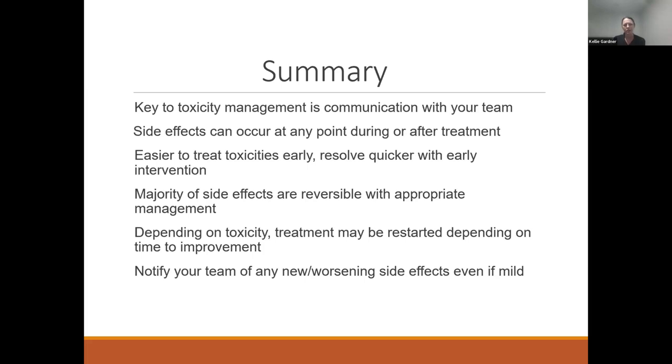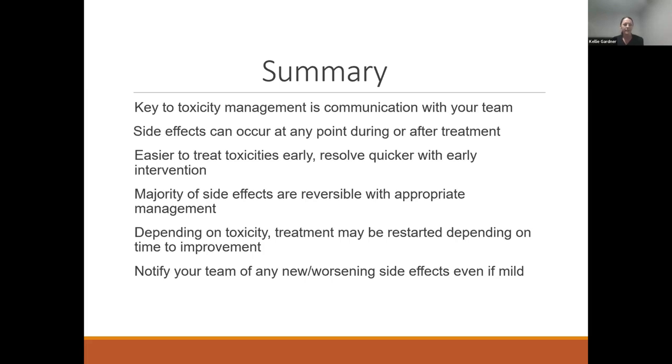It's easier to treat toxicities early. They do resolve quicker with early interventions. It's important to report these things so we can intervene when necessary. And again, the majority of these side effects are reversible with appropriate management. Some of the endocrine abnormalities, or endocrinopathies, are more of a long-term issue, but usually pretty easy to manage with appropriate drugs.